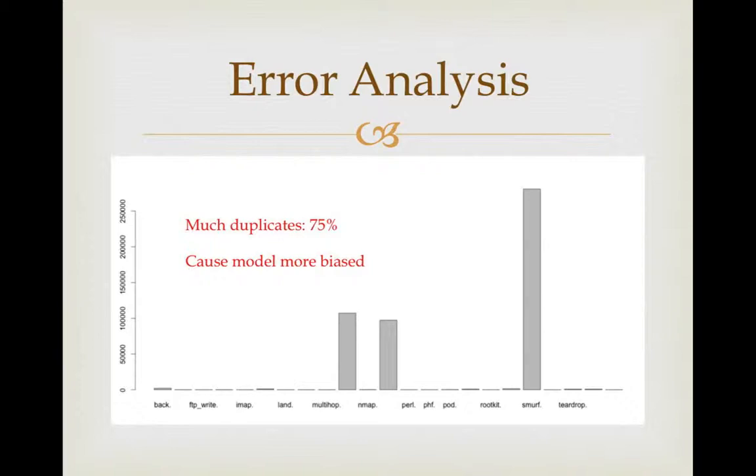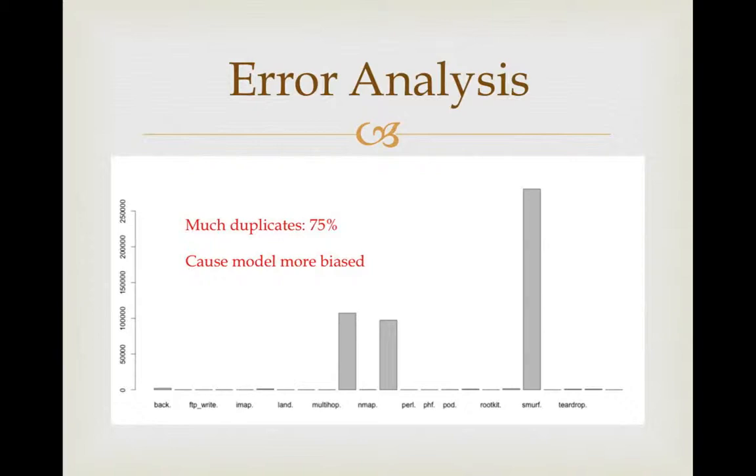So our model is more likely to predict those like Smurf. If our model leaves out those types with little test data, it won't hurt our result too much. That's why our result is so high.